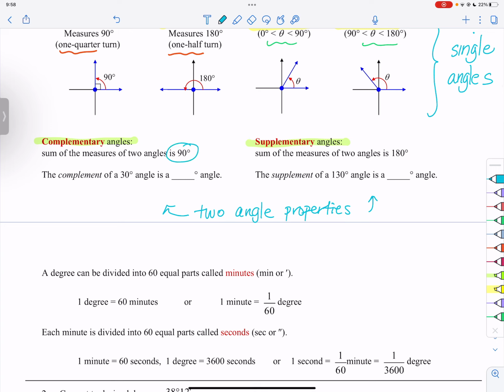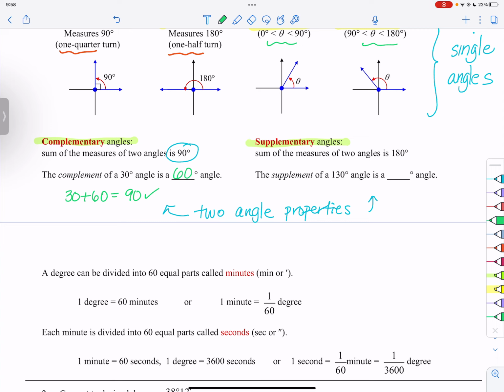So what would you say that the complement of a 30-degree angle would be? That's correct, 60 degrees. Why is that? Because 30 plus 60 equals 90. So these are complementary angles. How about supplementary?